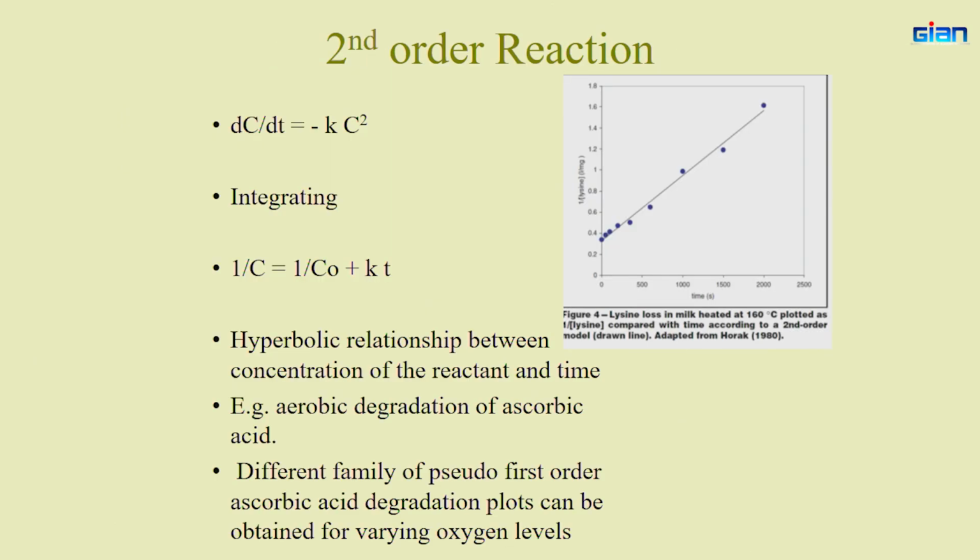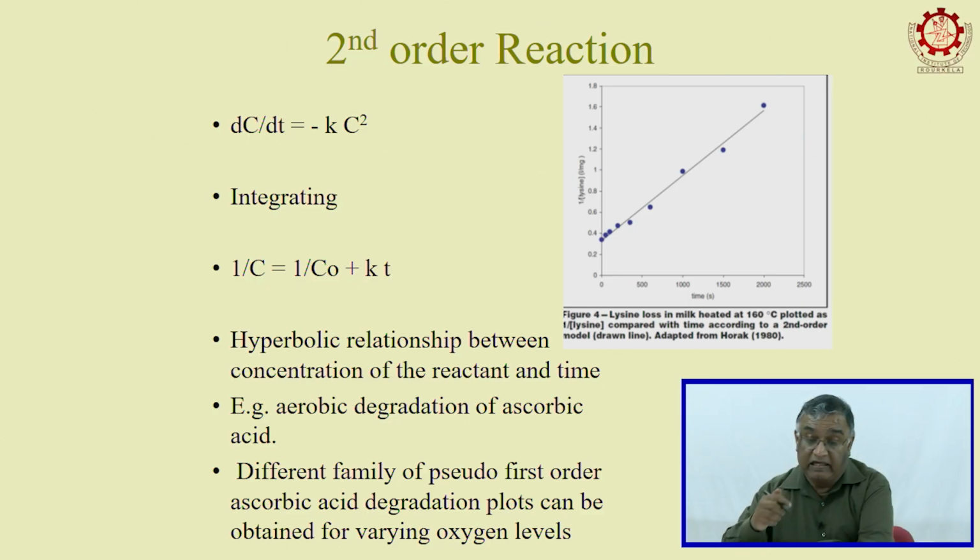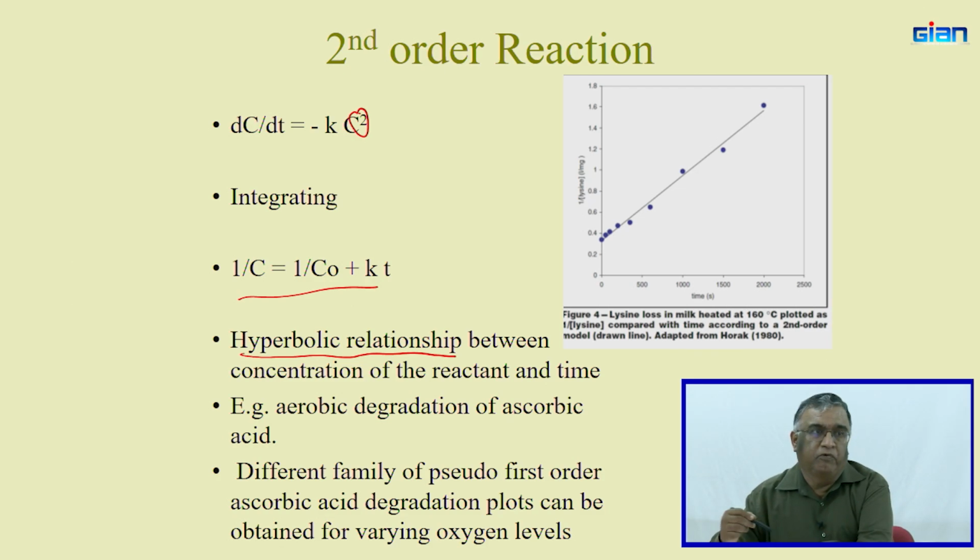So this is regarding the second order reaction, and again you can have a solution, and you're going to have a hyperbolic relationship between the concentration of the reactant and time. Previously the concentration was just first order. Now here it's second order, so you're going to have a parabolic relationship. But this type of reaction is not that common in food processing, so for most operations you don't need to worry about it.